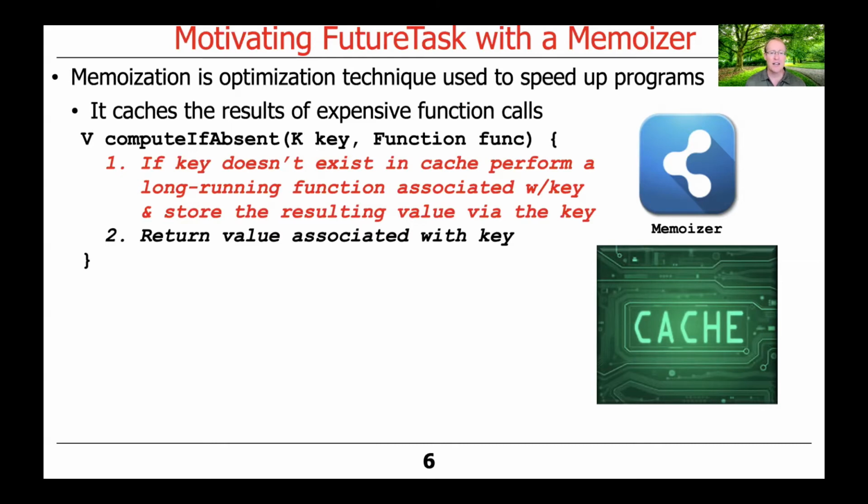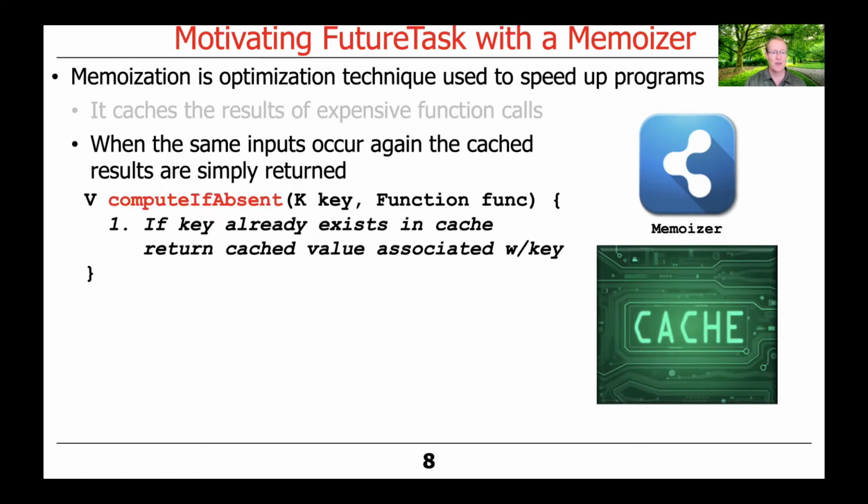If the key doesn't exist in the cache, then you apply the function associated with the key, and you store the resulting value in the Memoizer with the key that will be used to look up the value later. Then you return the value associated with that key. That's what happens if the key is not yet in the Memoizer with a value associated with it.